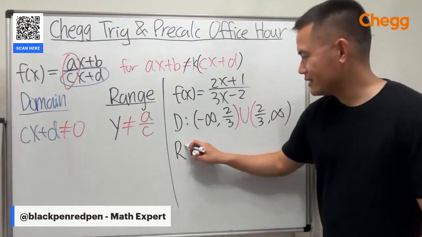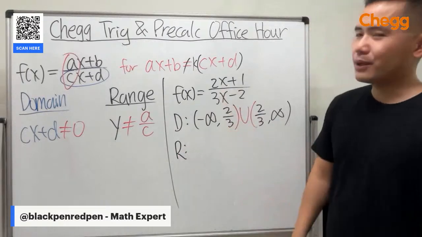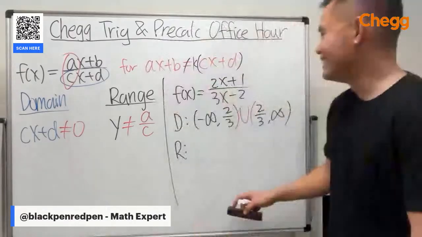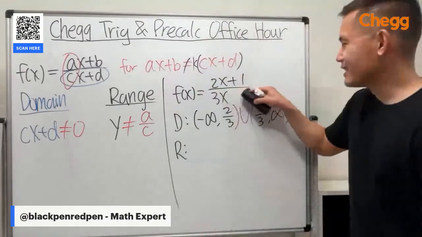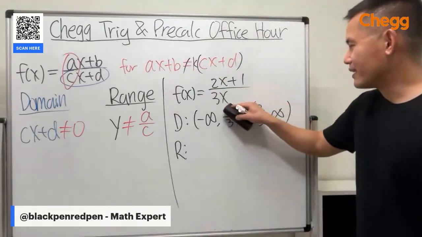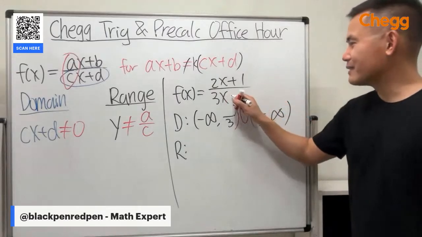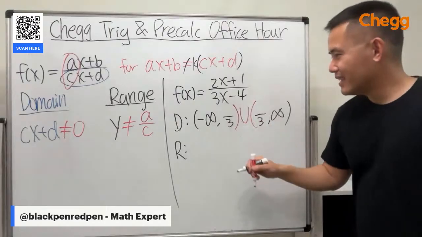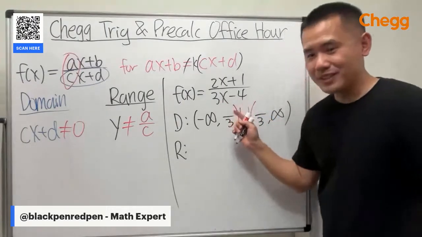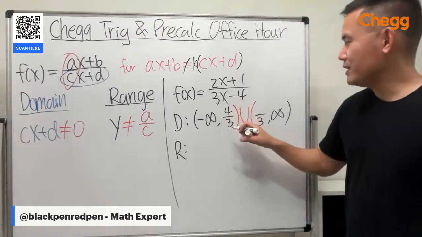Now for the range, you look, that's also 2 over 3. Sorry, I didn't expect that. All right, let's change it. Let's put 4. Sorry. 3x minus 4. If you set the bottom not equal to 0, we don't want x to be 4 over 3.